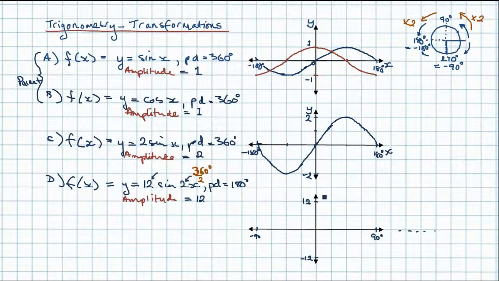It's going to be exactly the same as we had before. It's simply that we've changed our values on the x and y axes, but 12 times the sine of 2x is going to look exactly the same. So it's going to go through 0 here, it's going to have this shape here and here, and if we draw it round, you can see that we've got exactly the same thing as we had before.